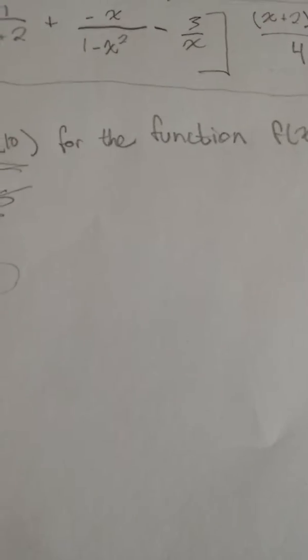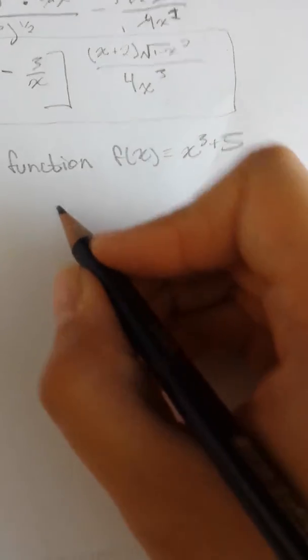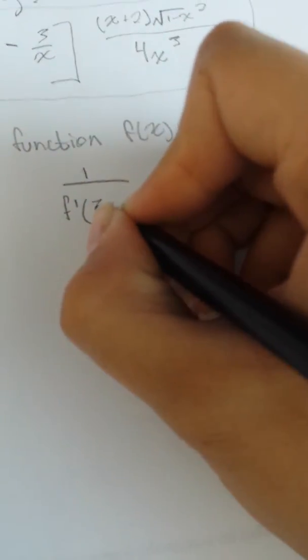So the inverse is 1 over f prime of your x, which is 3 cube root of 5. Okay, and that is how you will find your inverse at 10.